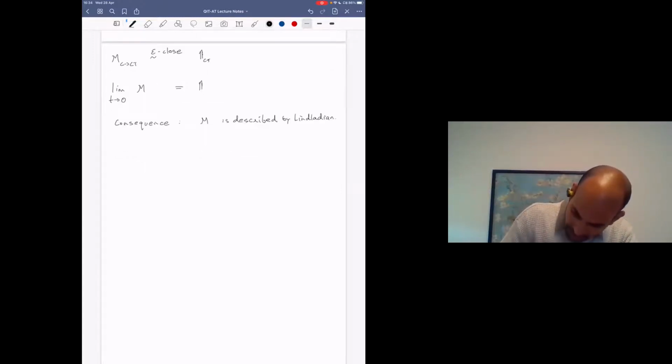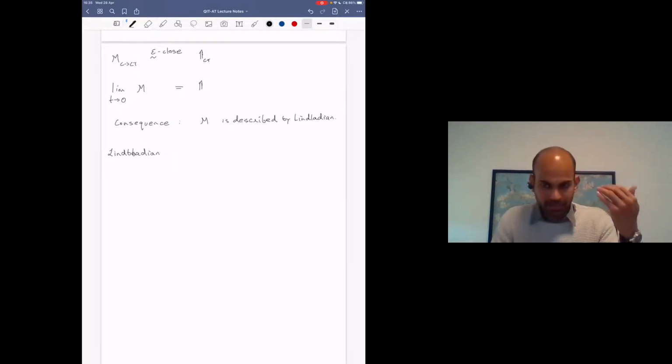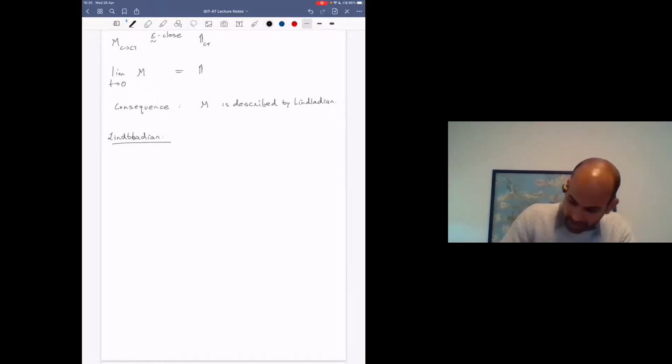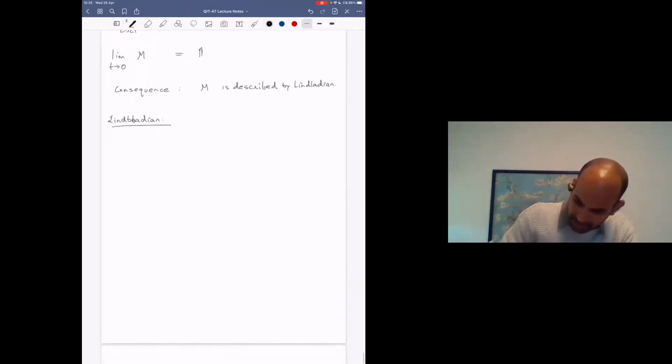Now I'm going to write this down. The proof of this statement is analogous to the proof that you went through to prove the original form of the Lindbladian equation. The statement is the following.